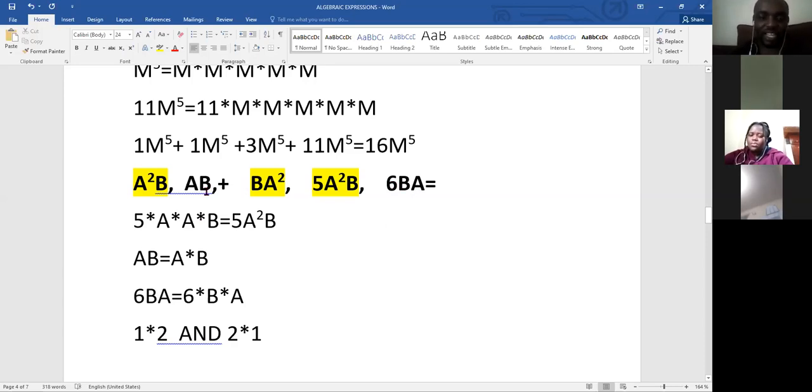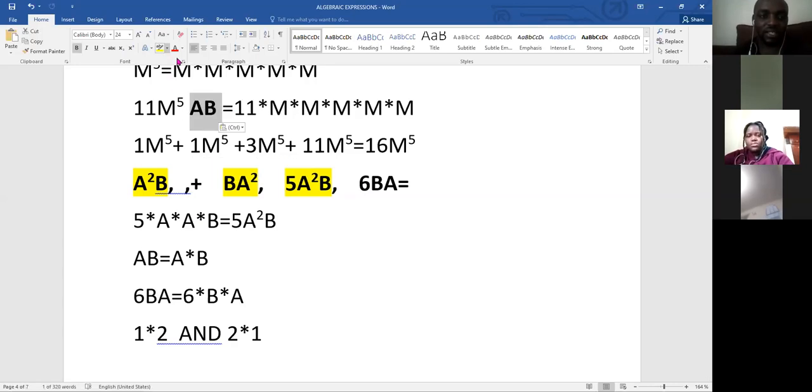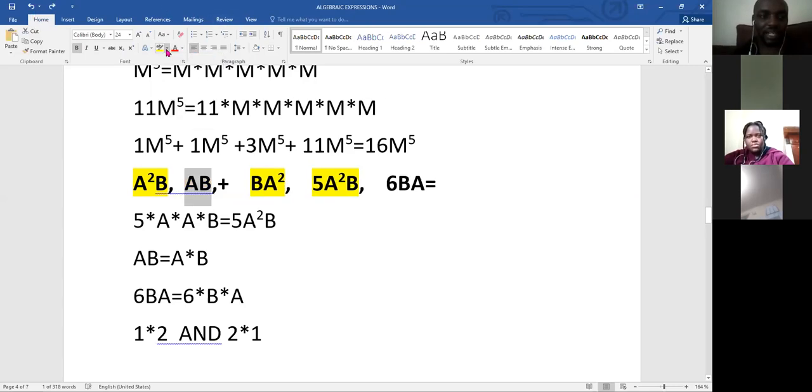So the ones that are not highlighted here, I can highlight them in another color. I can highlight them in a color like this. I can now say they are like terms. 6BA and AB are like terms.